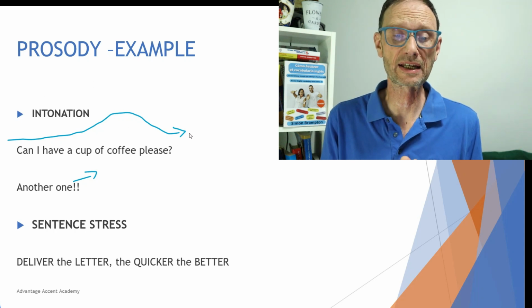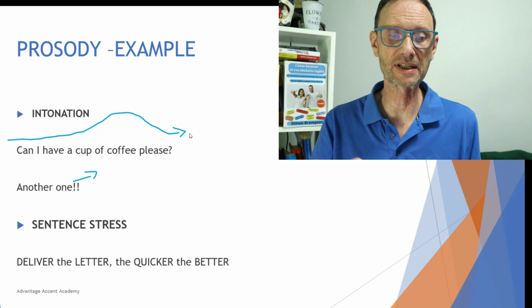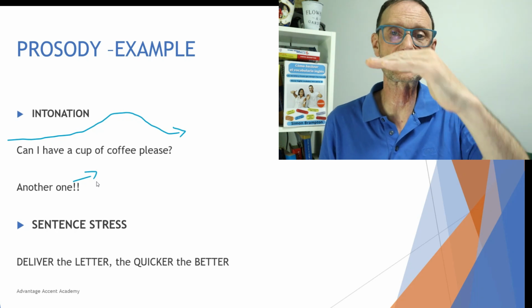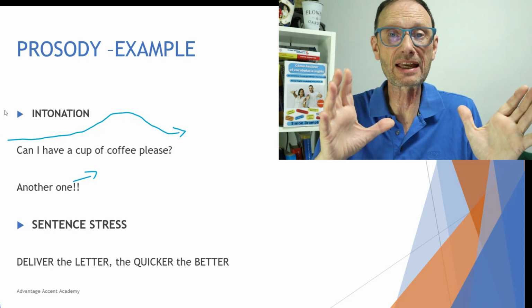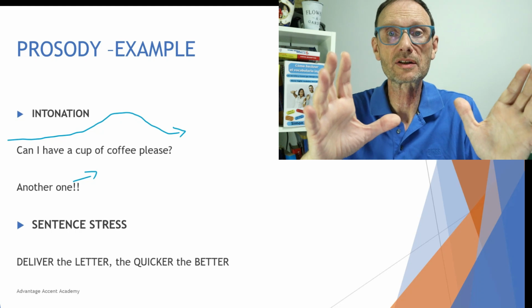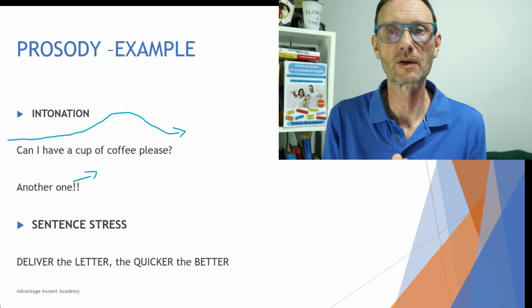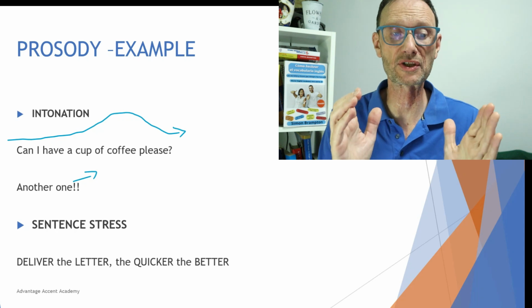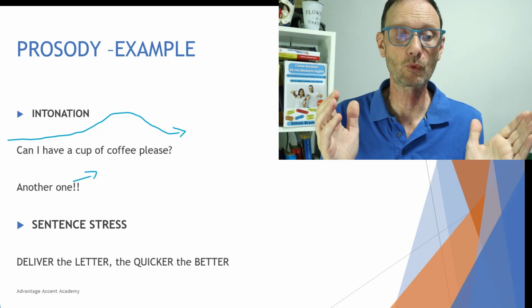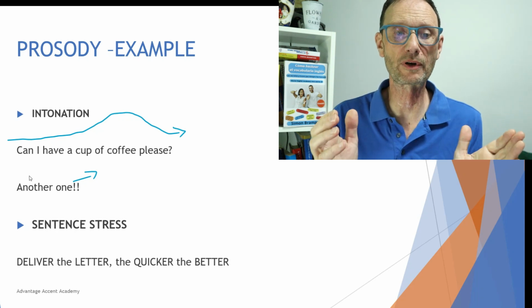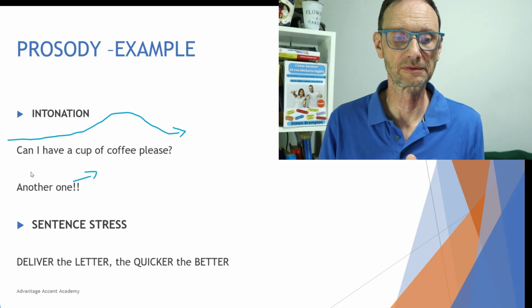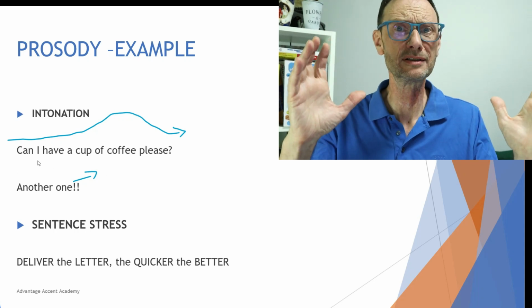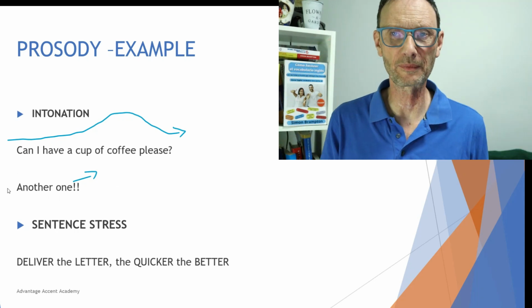So when I say, "Can I have a cup of coffee, please?" the way we use the intonation, the meaning is that we are being polite and we are making a request, a polite request. Or someone could show surprise and say, "Another one, another one," going up like that.